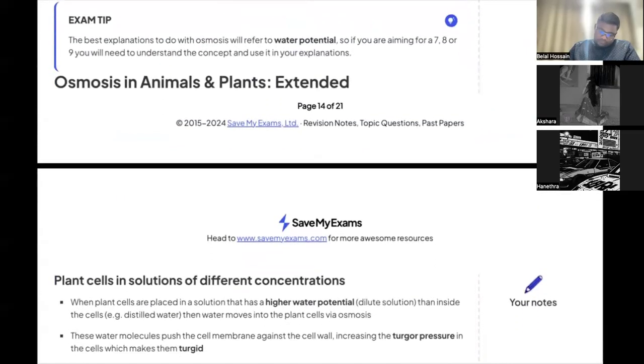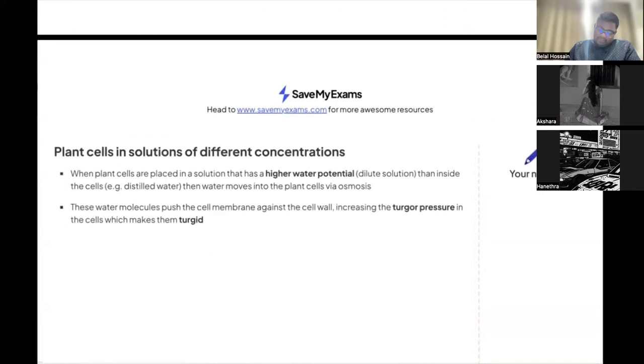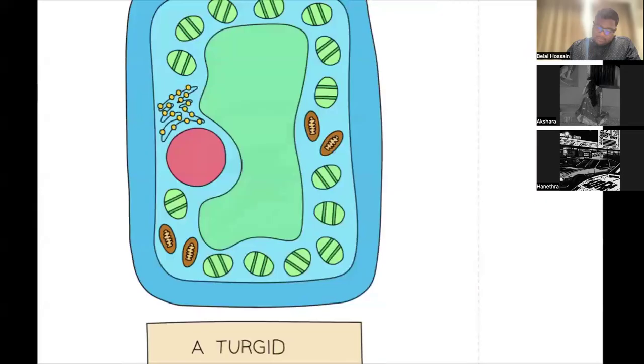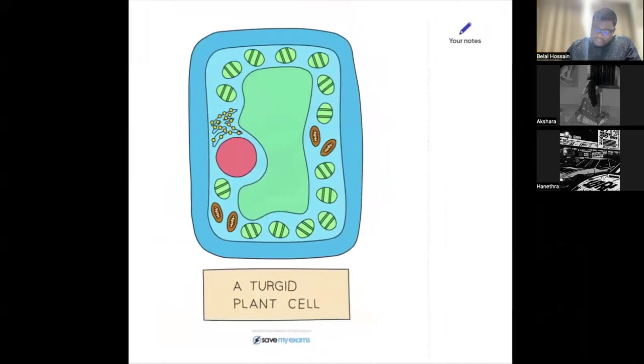All right, osmosis in plant and animal tissues. Now talking about plants in solutions of different concentration. Let's go to the next page and see. This is a particular cell which is referred to as a turgid cell, meaning this cell has enough water inside it.